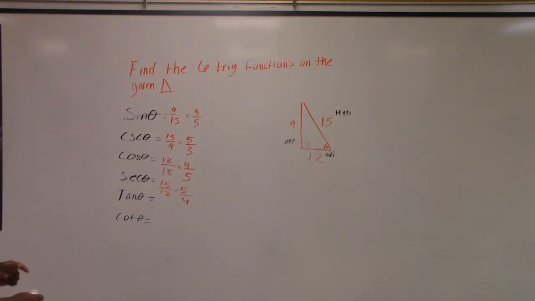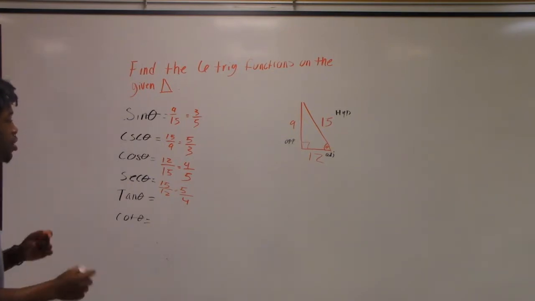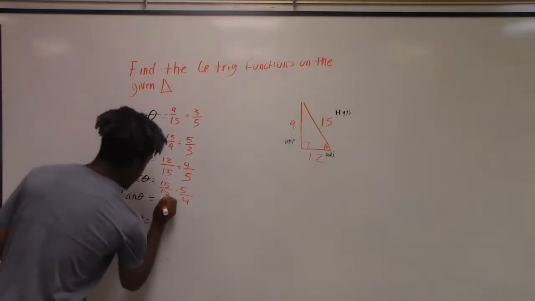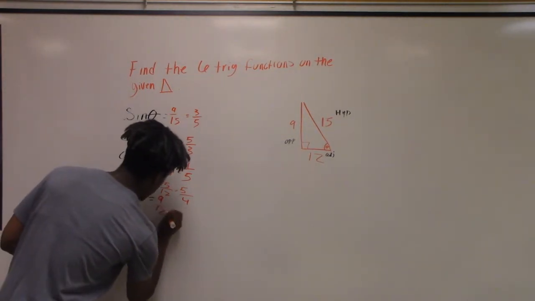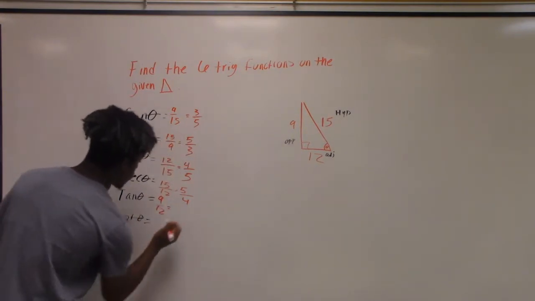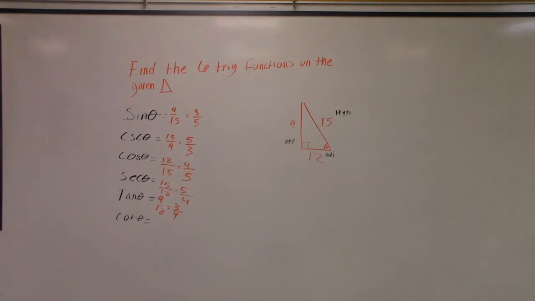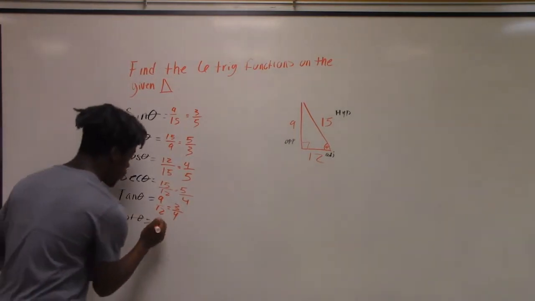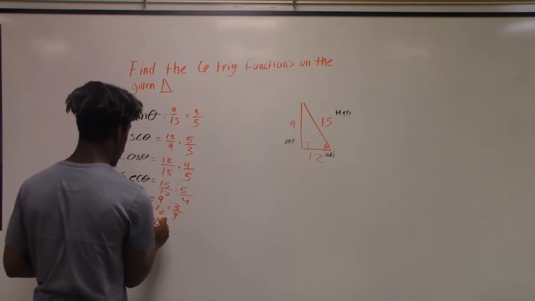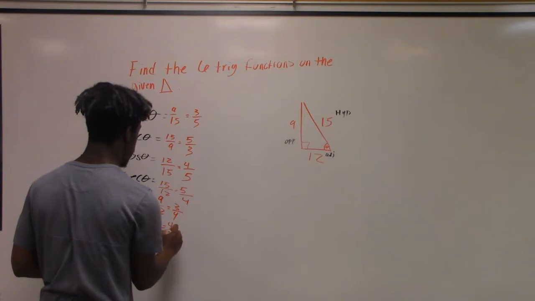The tangent is the opposite over adjacent, and that is 9 over 12, reduced to 3 over 4. The reciprocal of tangent is cotangent, and that is 12 over 9, reduced to 4 over 3.